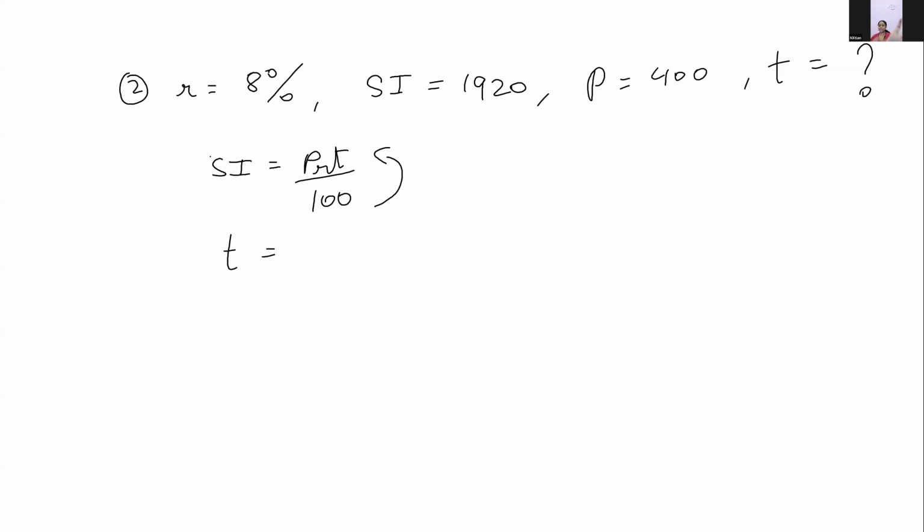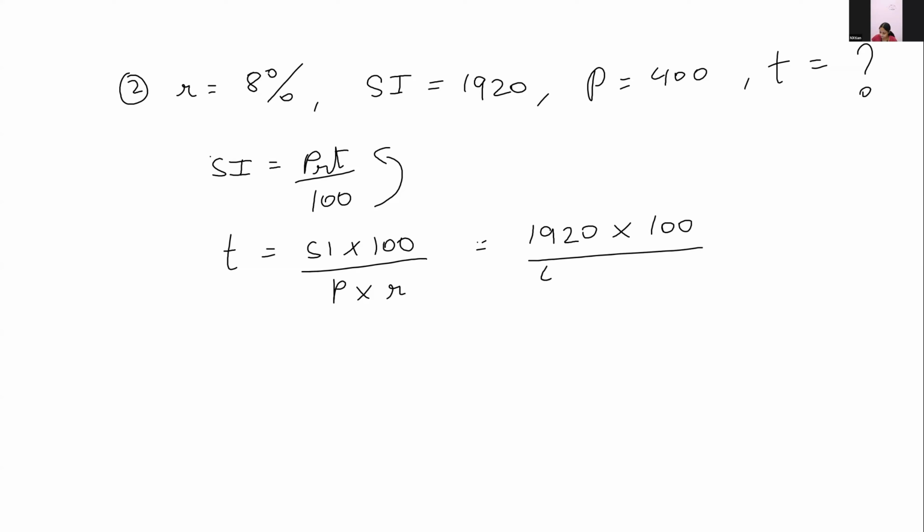So it becomes SI into 100 divided by P into R. Okay, so you write the values: 1920 into 100 divided by principal 400 into rate 8.